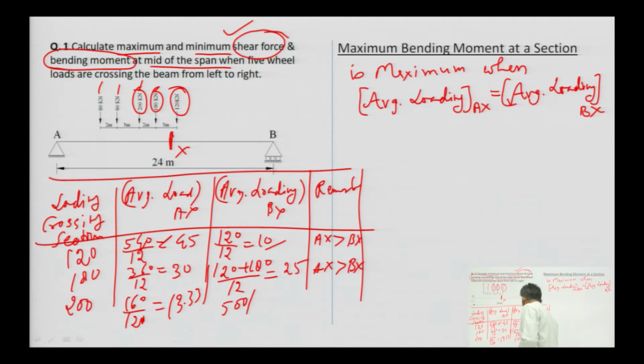Total load 500 divided by 12 is equal to 41.6. So, look here, the average loading in the XB part is now 41.6, which means the loading in the AX part is now less than the loading in the BX part.